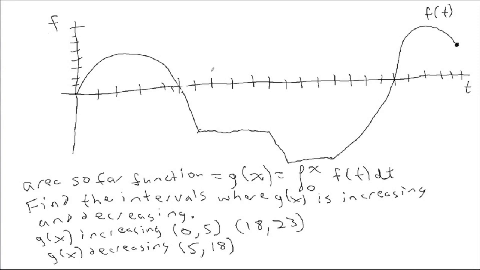So let's label this a little bit then. We could say that this is the region where G is decreasing. And what can we say about this region? Increasing.